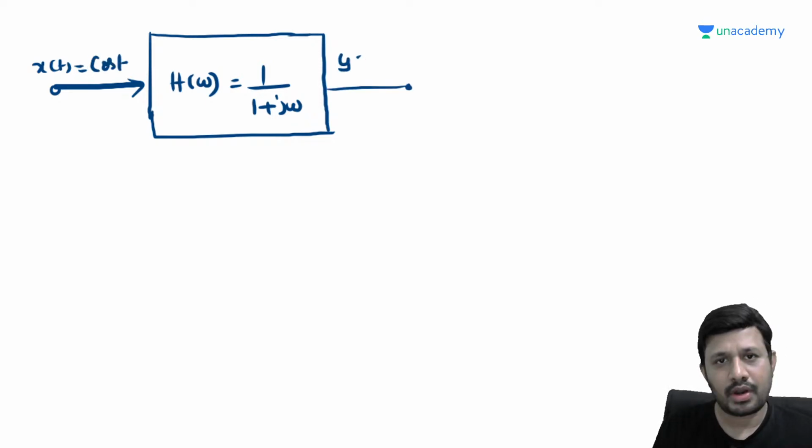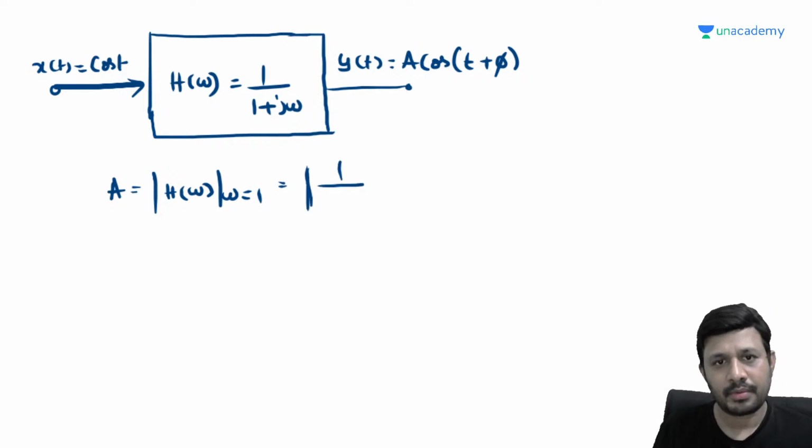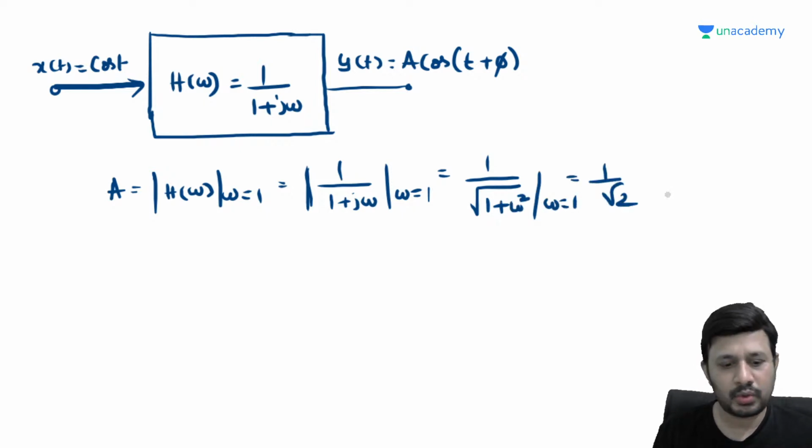So the output will be of the form A cos(t plus some phi), where A is equal to the magnitude of H of omega at omega equal to the input frequency 1 radian per second. Magnitude of 1 by 1 plus j omega at omega equal to 1 is 1 by root 1 plus 1, or 1 upon root 2.